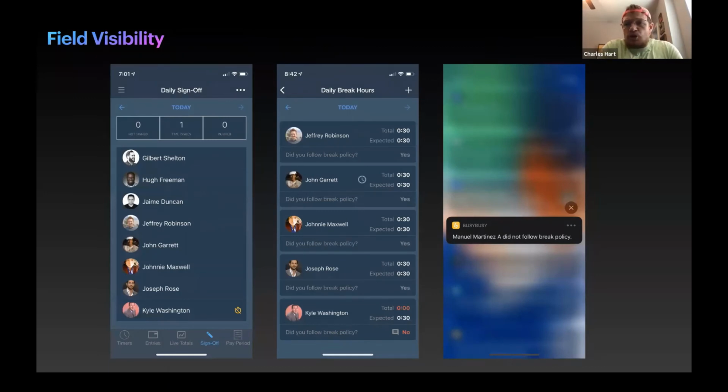Another thing you should be looking for is visibility. So when someone says they didn't take a break, there's different people throughout the company you might want to be aware of that. And you can configure these settings to raise awareness of the problems to different employees. So on this screen right here, we have a supervisor report in the field where they can see that Kyle Washington had a break issue.